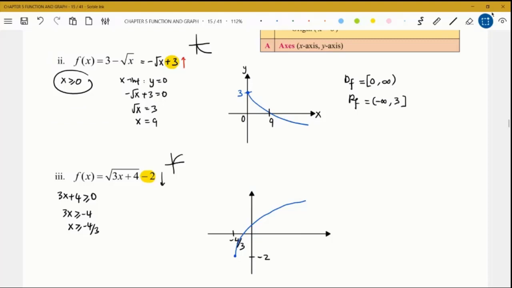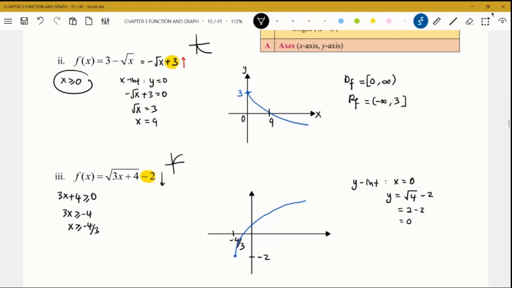Okay, now we need to find either you have both x-intercept ataupun y-intercept. So kita akan cari y-intercept dulu. When x equal to 0. So y adalah square root 4 minus 2. Square root 4 berapa? 2 minus 2. 2 minus 2 we get 0.